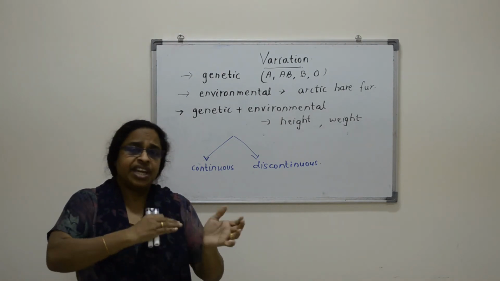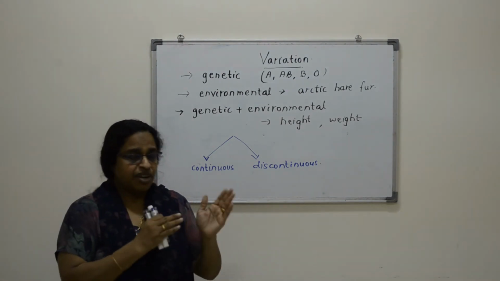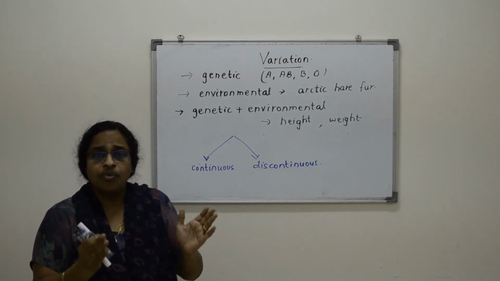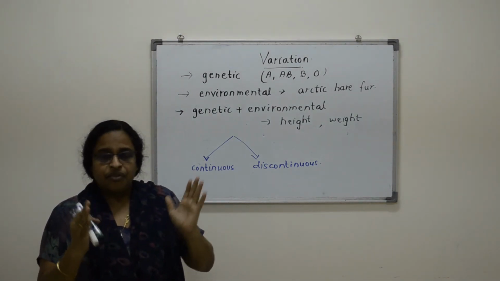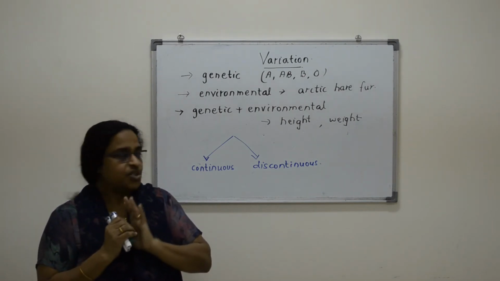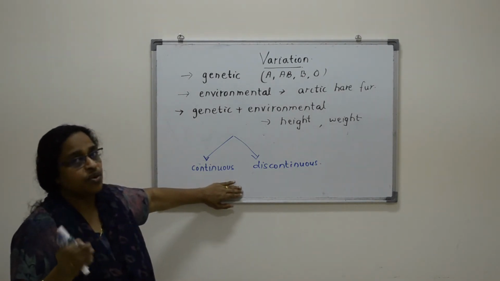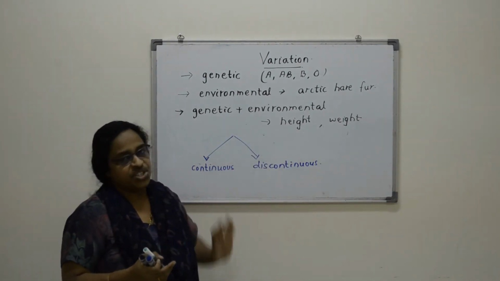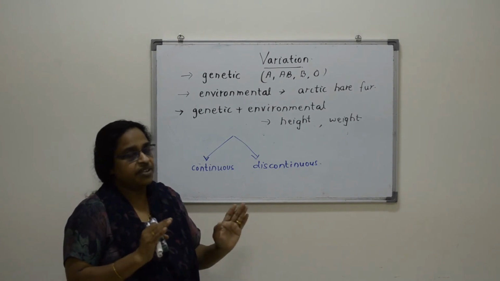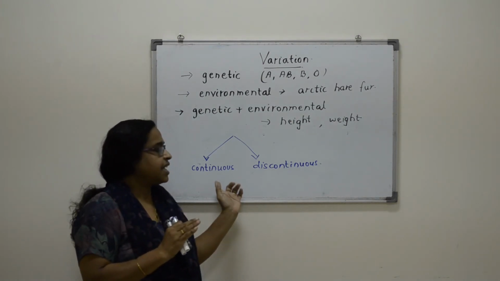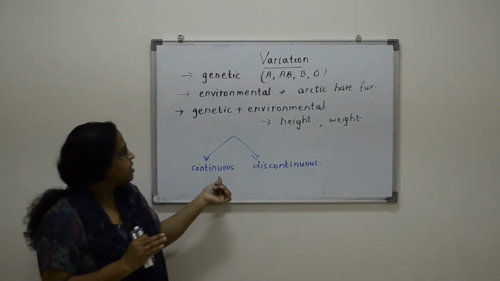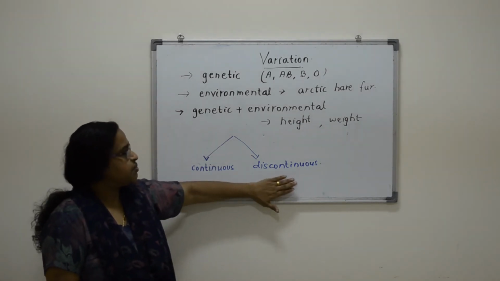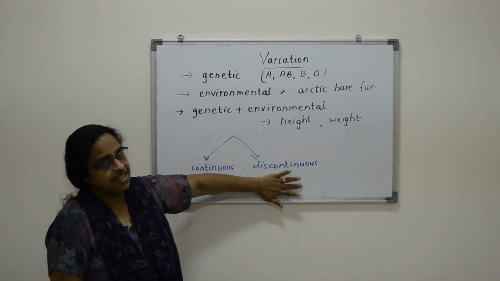You can see a range of height, maybe 155.1, 155.2, like that, for an age. So there is a lot of overlapping in continuous variation. So hope you got the difference between discontinuous and continuous. Continuous is a result of both genetic and environmental reasons, and discontinuous is because of only genetic reasons.